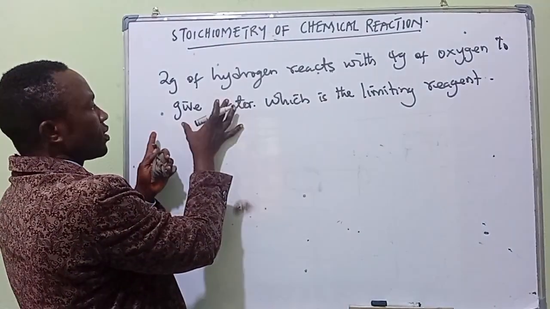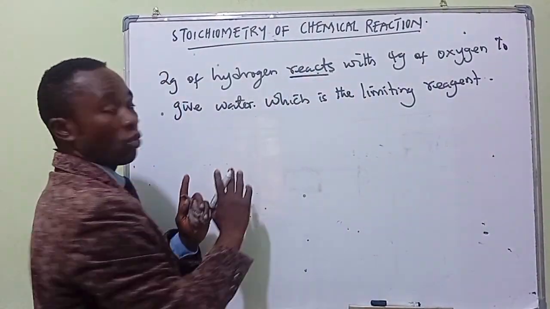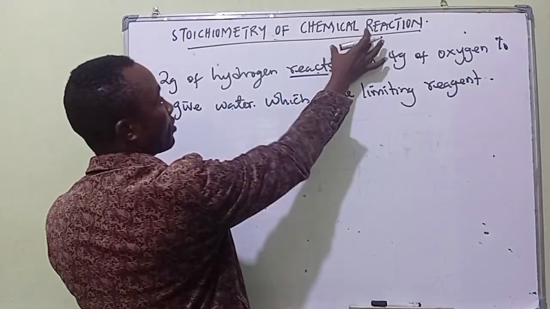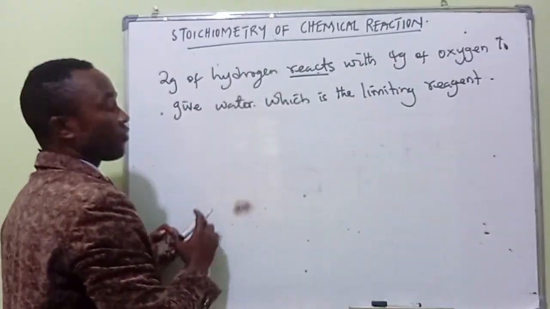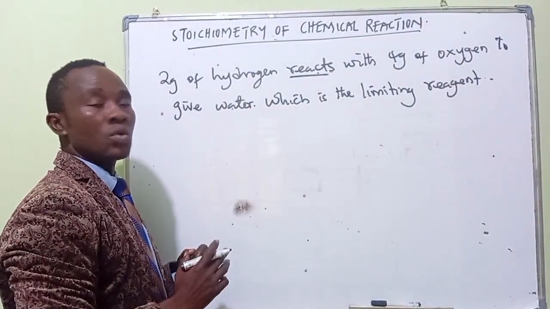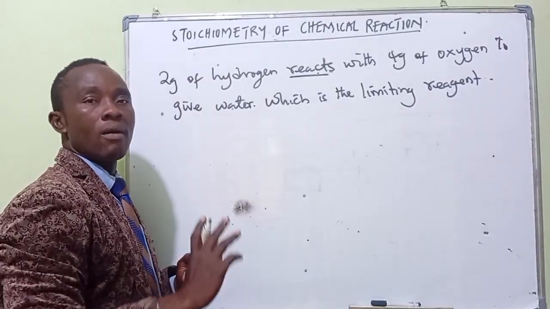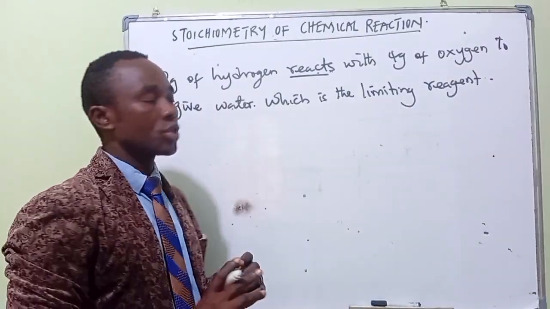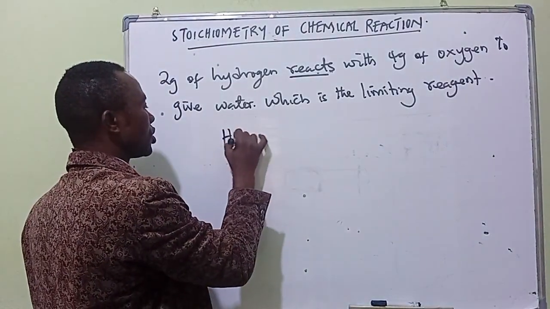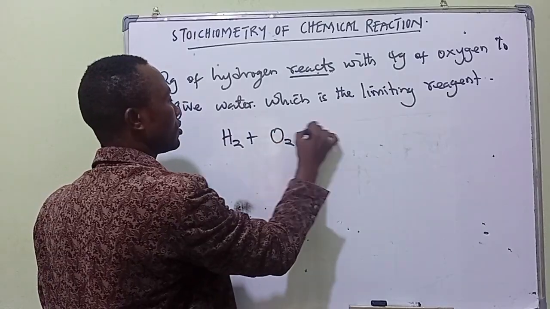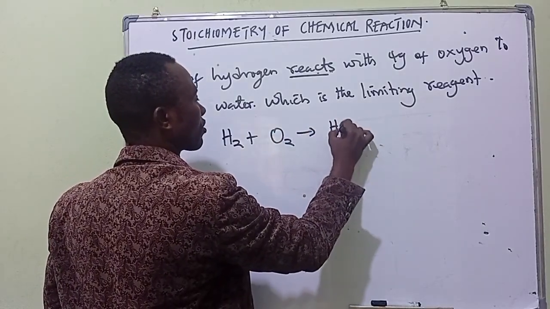Now, because this is a reaction, it will fall under the stoichiometry of chemical reaction. And for stoichiometry of chemical reaction, before you solve, you must first of all balance what? The chemical equation. So we are having hydrogen reacting with oxygen to give water.